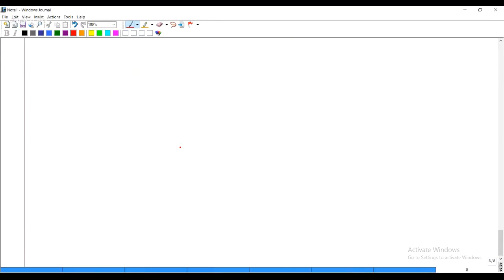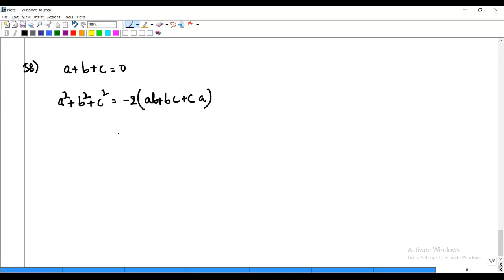8. A plus B plus C is equal to 0. When A plus B plus C is equal to 0, square on both sides. A square plus B square plus C square is equal to minus 2 into AB plus BC plus CA. So I got the numerator like 2 into AB plus BC plus CA. You square on this.